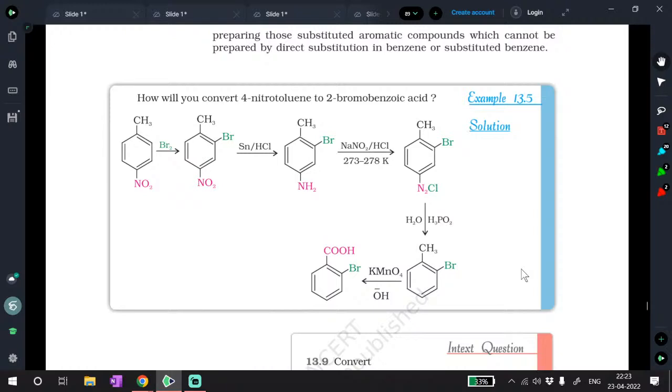So you see 2-bromobenzoic acid. Okay, so you know this 2-bromobenzoic acid.